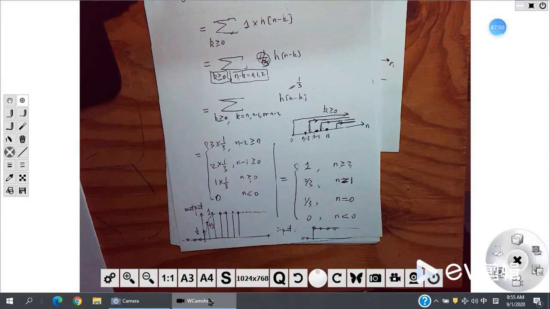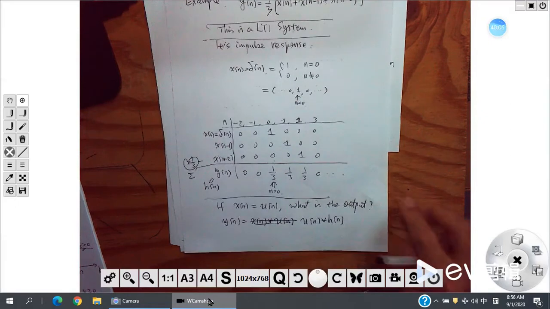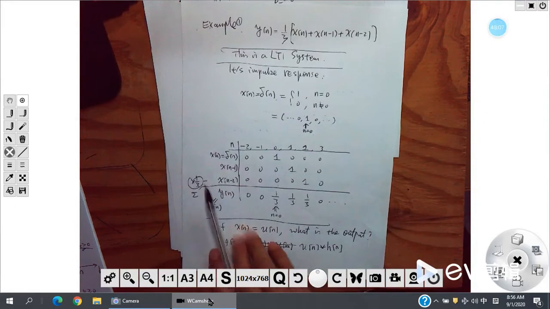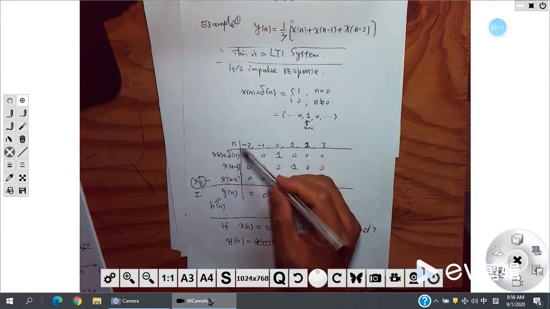Okay, so we can always work like this. When you have a system and you want to find the output, firstly you try to find the impulse response. For the impulse response, like in this example, we can just find it by listing the values. You can just list all the values and try to solve it, because the input is quite simple. The input is this kind of thing, right?